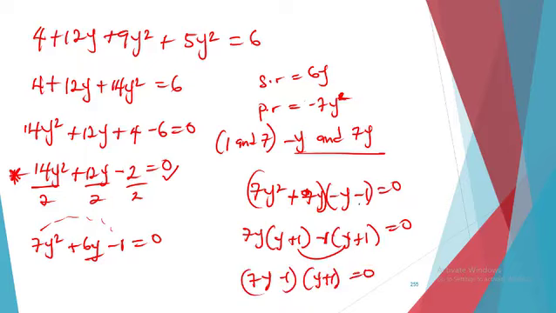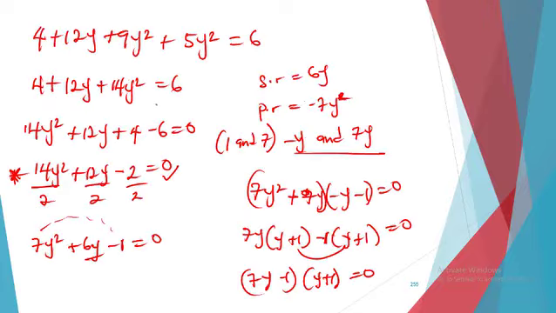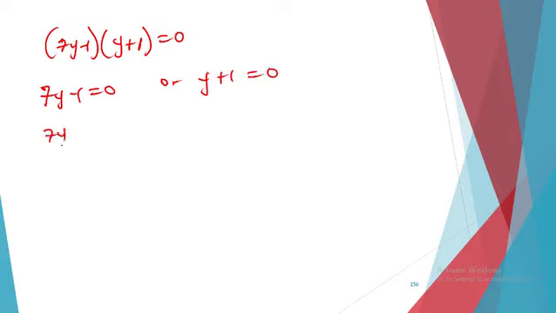Let's go over. Remember, we have 7y minus 1 into y plus 1 equal to 0. So it means that 7y minus 1 is equal to 0, or y plus 1 is equal to 0. 7y is equal to 1, or y is equal to minus 1. y is equal to 1 over 7, or minus 1.